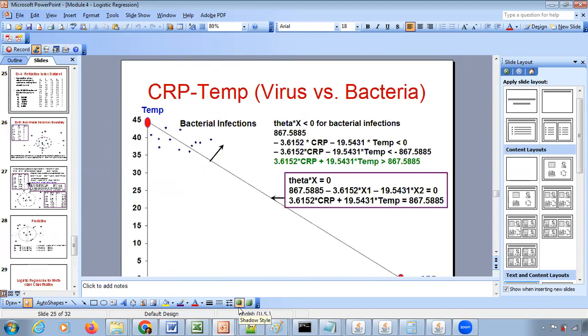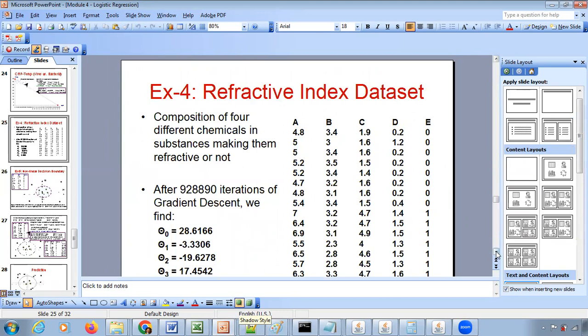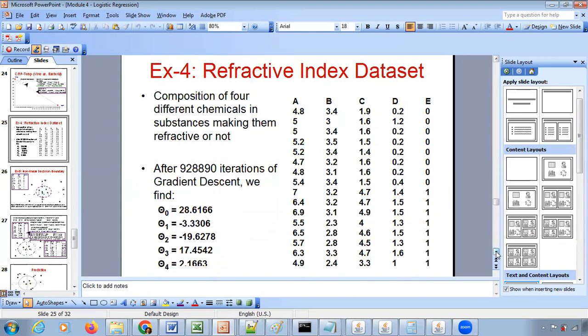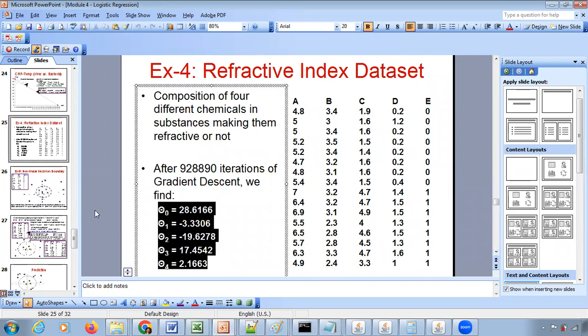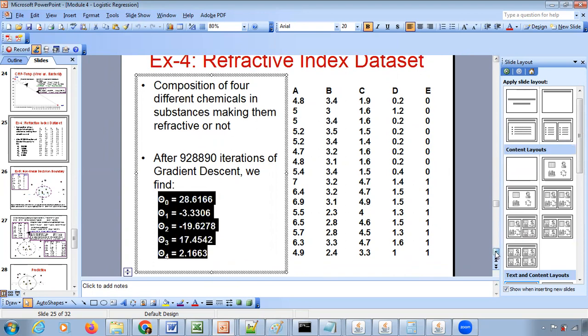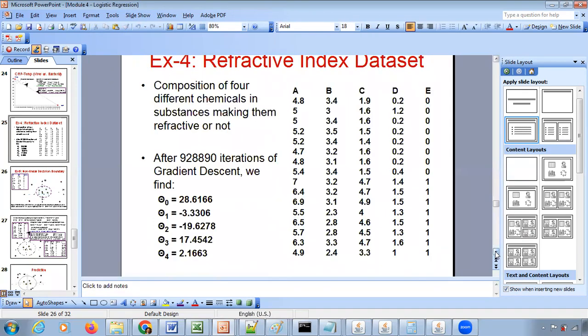Let me pull it up. So this is the logistic regression model. We found the theta values using the online logistic regression calculator, and then we found the theta x. If you remember, I think I did it in Excel.